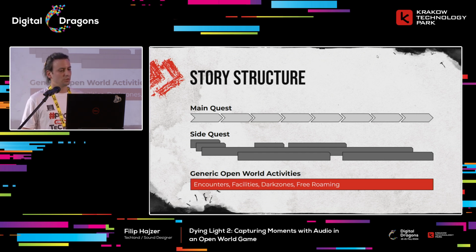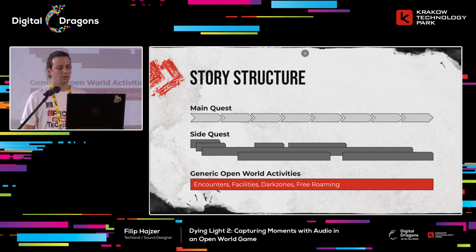Something we could also use to introduce custom changes in sound, music, and the mix throughout the storyline. This proved to be challenging, mostly due to Dying Light 2's open quest design.